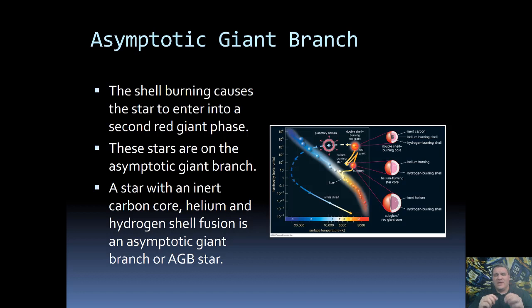An asymptote is a line that gets close to another line without ever actually crossing it. So these stars are getting close to the giant branch, but not actually crossing it. That's why these are asymptotic giant branch stars. But more often than not, it's just easier to call them AGB. So these are also AGB stars.